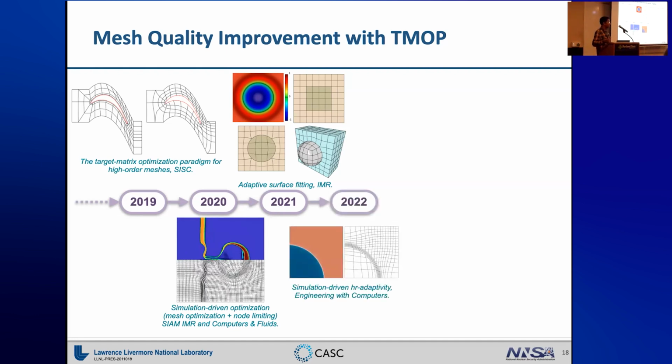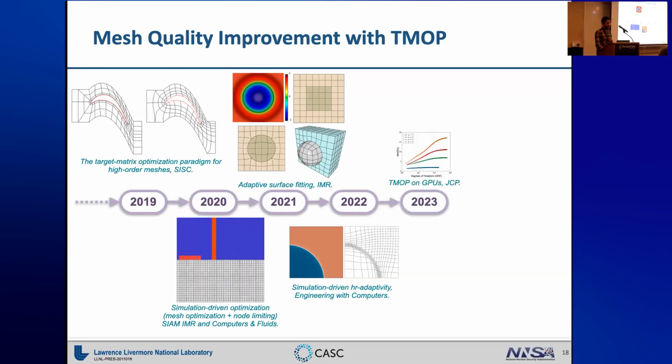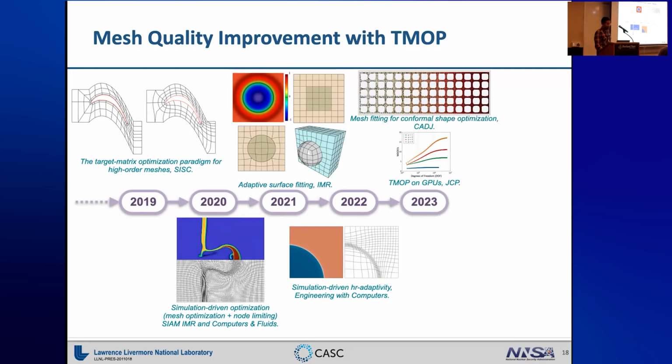2022 extended to h-adaptivity. So you have your simulation. How do we also incorporate AMR to increase the bang for our buck? How do we figure out where we can do h-refinement combined with r-refinement to reduce the error? In 2023 we brought in GPUs, with a lot of heavy lifting by John to extend it to GPUs.